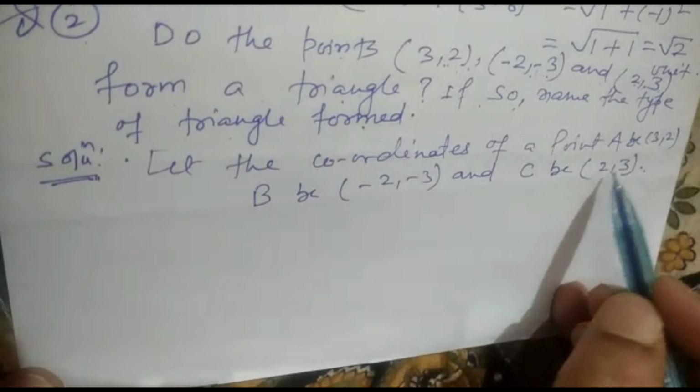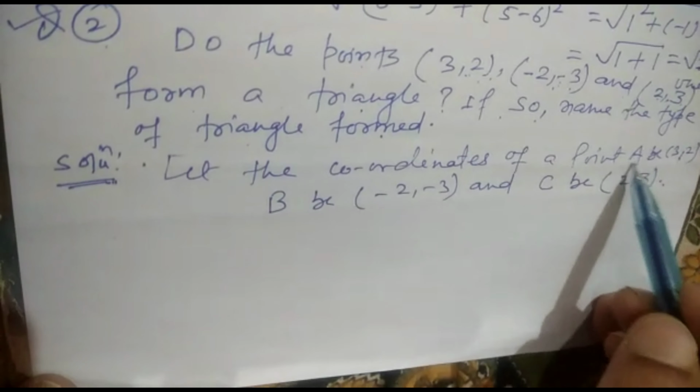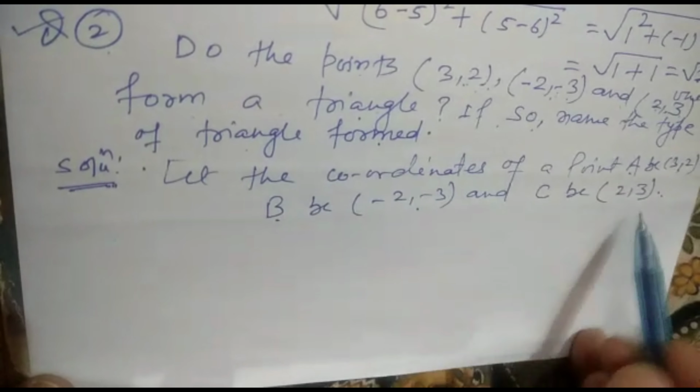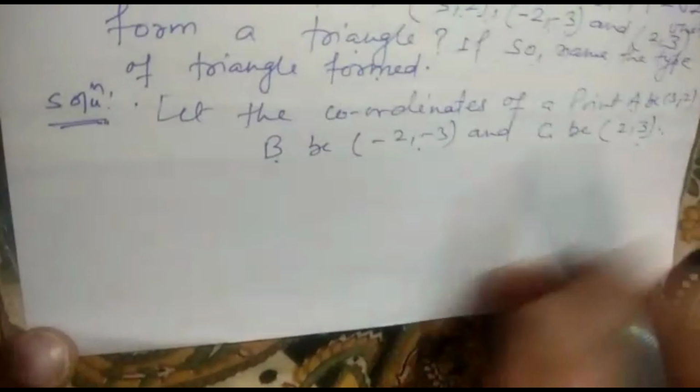So these are the 3 vertices of the triangle A, B and C. The first coordinate is of A, the second coordinate is of B and the third coordinate is of C. So firstly I will find AB.